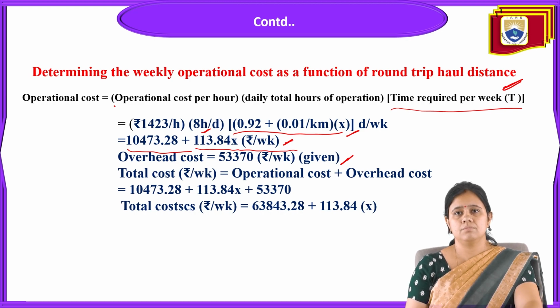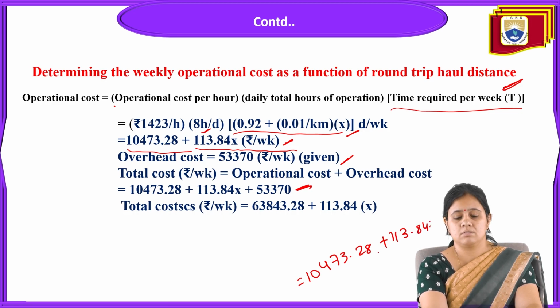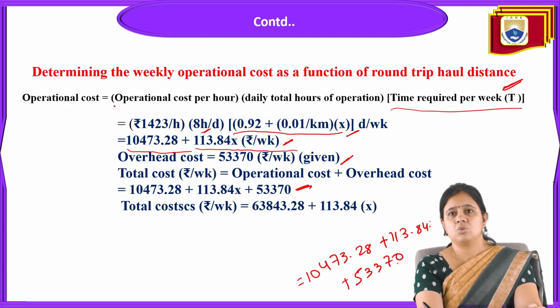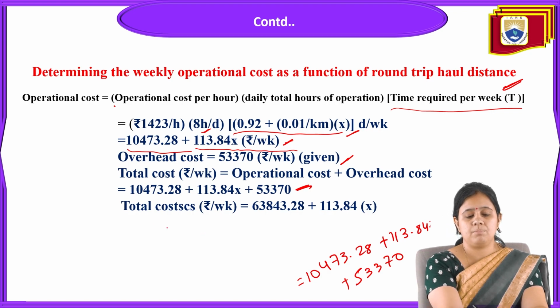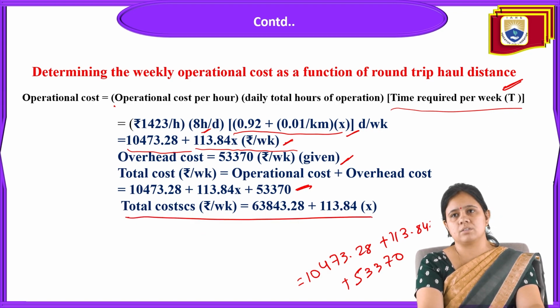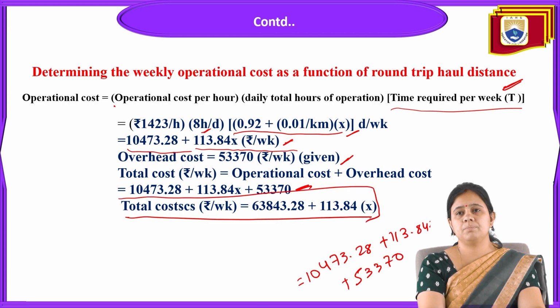You can see 10,473.28 plus 113.84x plus 53,370. Total cost is 63,843 plus 113.84x. This will be the function of the total cost, with x as the variable.